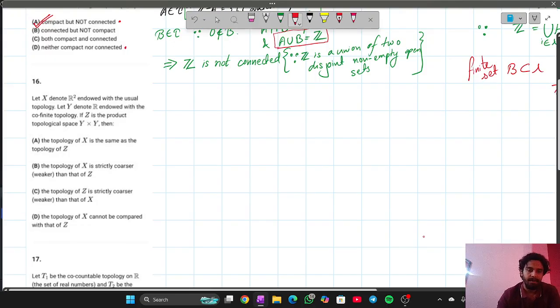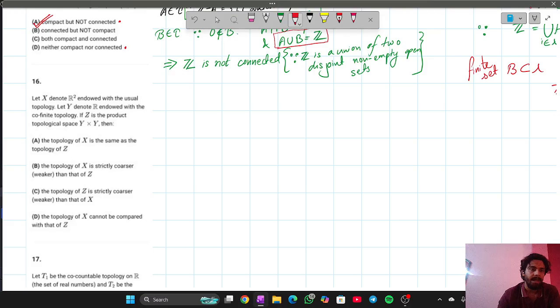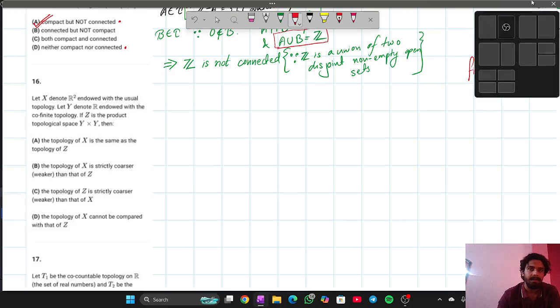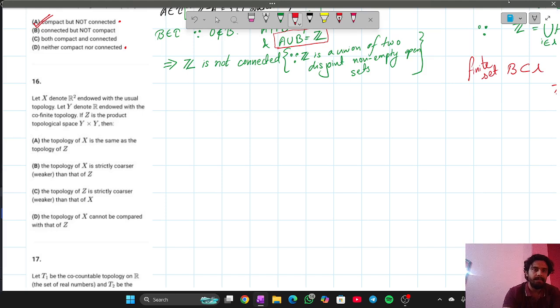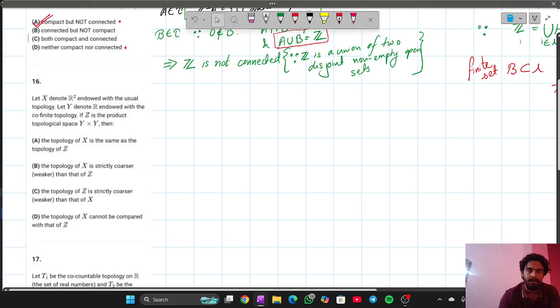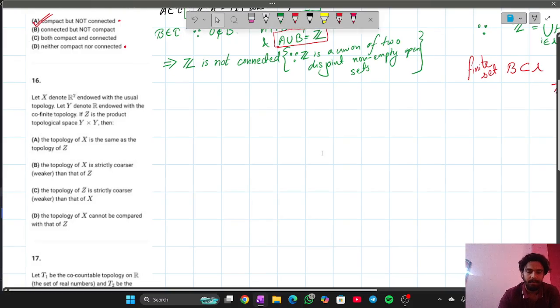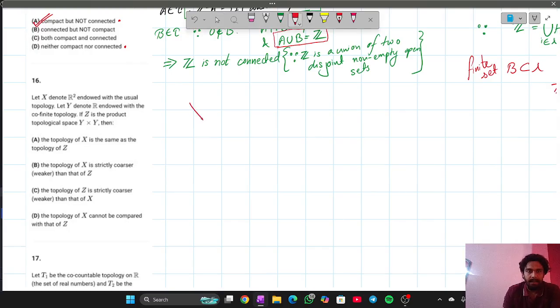So in this question it is given that there is a set X that denotes R square with usual topology. Okay, with usual topology. Now if X is equal to R square and TU, where TU is usual topology.